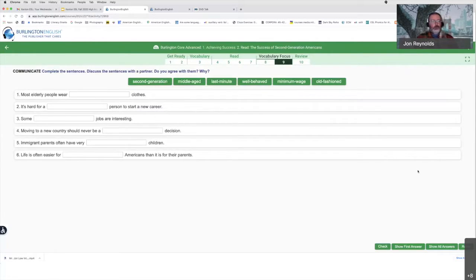For example, for number one, let's do number one together. Most elderly people wear blank clothes. If I look at my choices at the top, everybody, which word do you think would fit there? Again, no mics, just chat box.